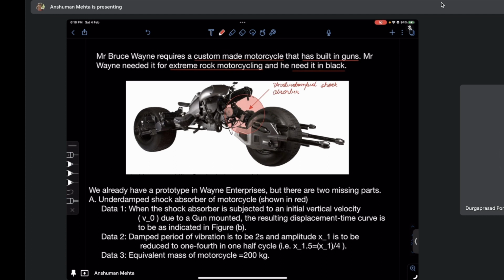Everything is given, even the motorcycle mass, which is equivalent to 200 kg. Now what we will do is abstract this motorcycle into something which we know. Right now it is just a bunch of pictures, but we want to make it into a meaningful problem.